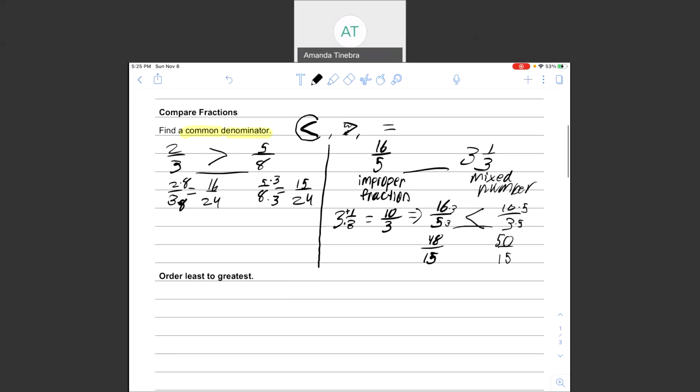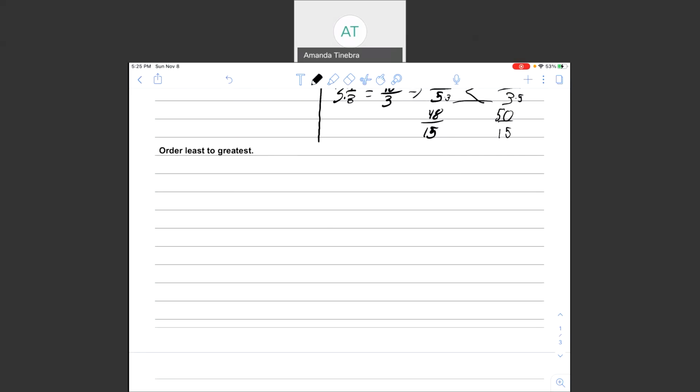The same thing works if we're being asked to order something from least to greatest. So let's say we were given the fractions 2 7/9, 2 5/12, and 11/4. Okay? The first thing I want to do here, just like before, is turn them all into improper fractions.